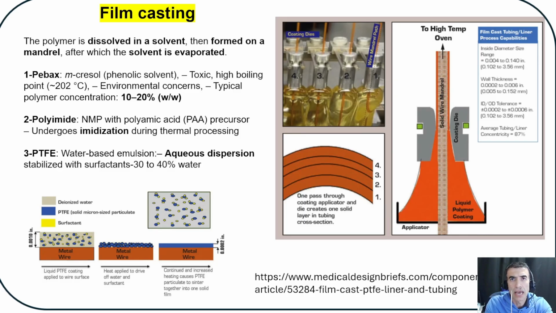So you put the mandrel through the solution, and the polymer is coated on its surface. When you pull it out from the solution, you will have some thickness of the solution coated on the mandrel, and then it goes through some heating ovens, and the solvent is evaporated.